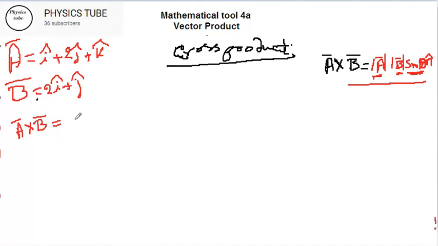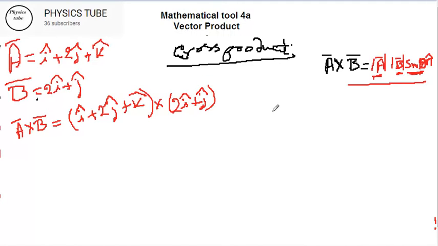Actually, cross product means just multiplication of two vectors. So we have I cross I plus J.